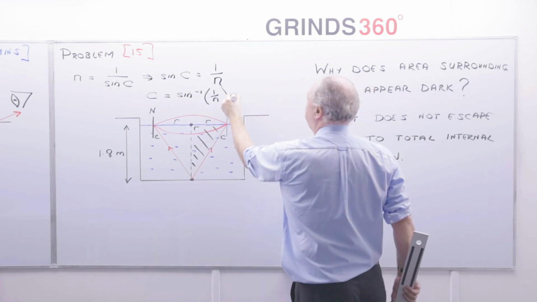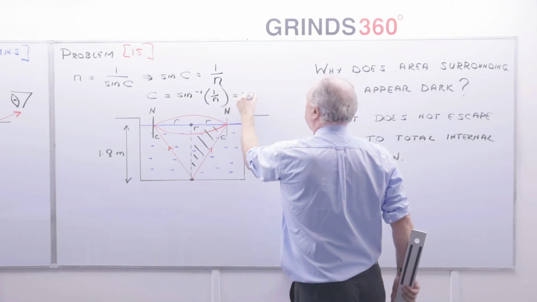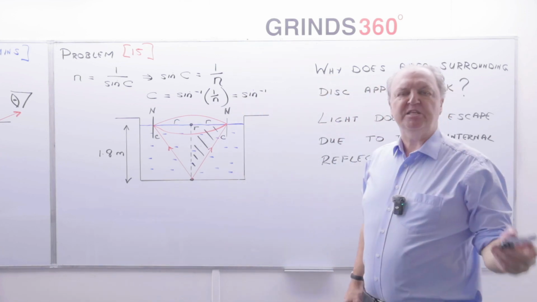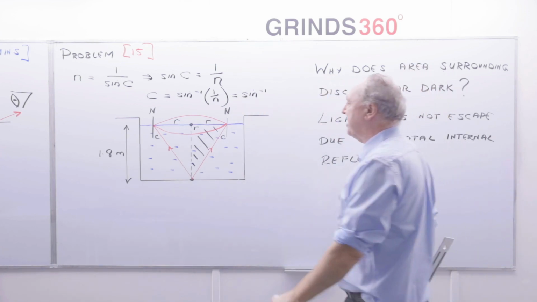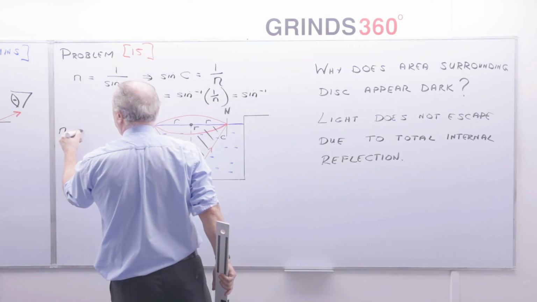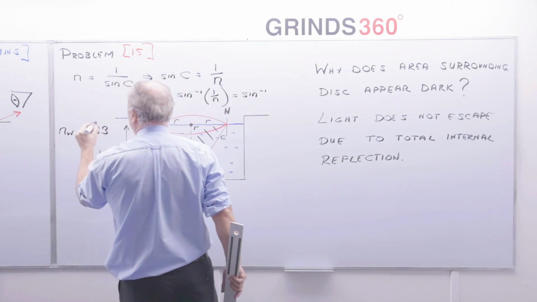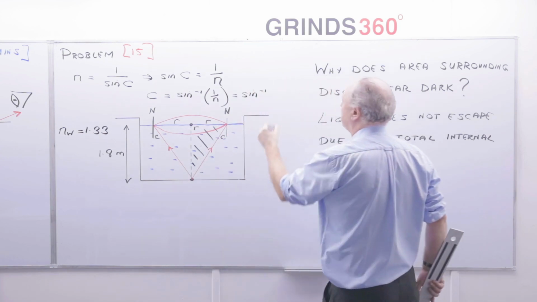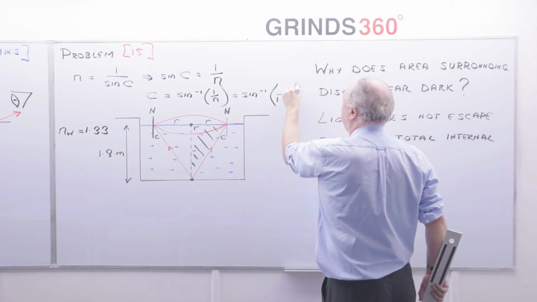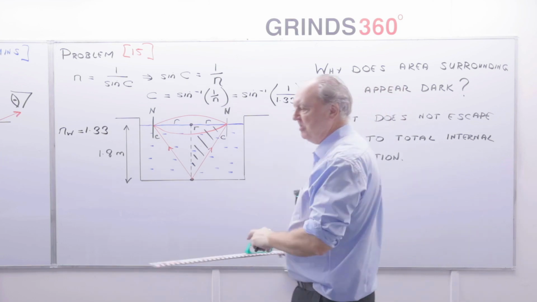So that will be the inverse sine of, they have given me at the end of the problem the refractive index of water. They're telling me that the refractive index of water, n_w, is equal to 1.33. So we're talking about the inverse sine of 1 over 1.33. So put that into your calculator.